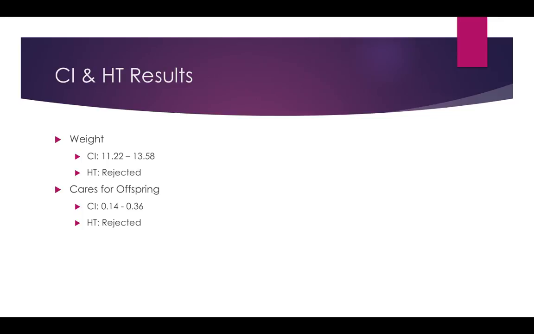As for galoots that care for their offspring, the lower limit was 14 hundredths and the upper was 36 hundredths, so it fell within that range. And once again, the null hypothesis was rejected.